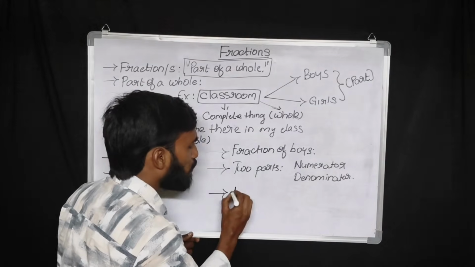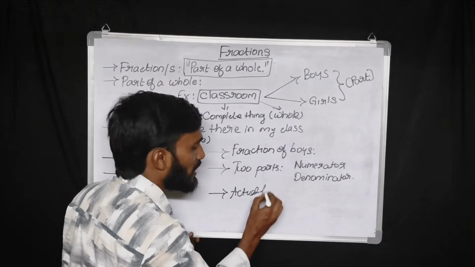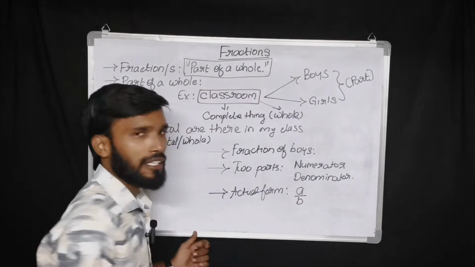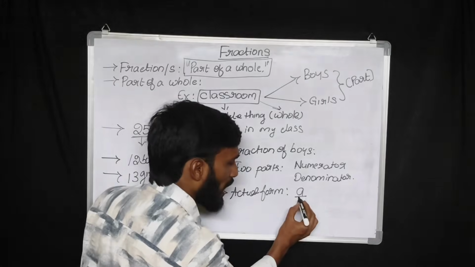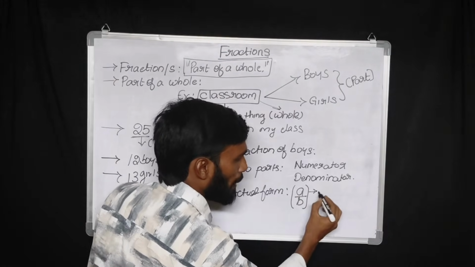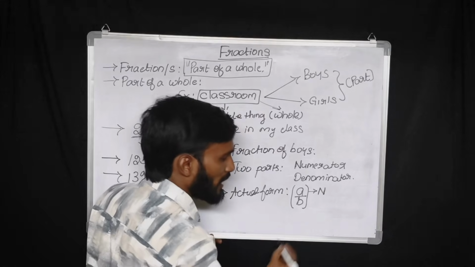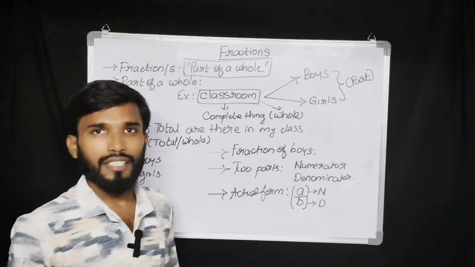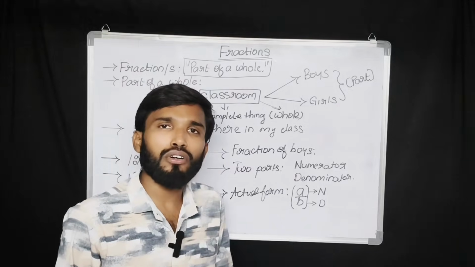The actual form of a fraction is a by b. This upper part is called the numerator and this lower part is called the denominator. This is the basic knowledge about fractions.